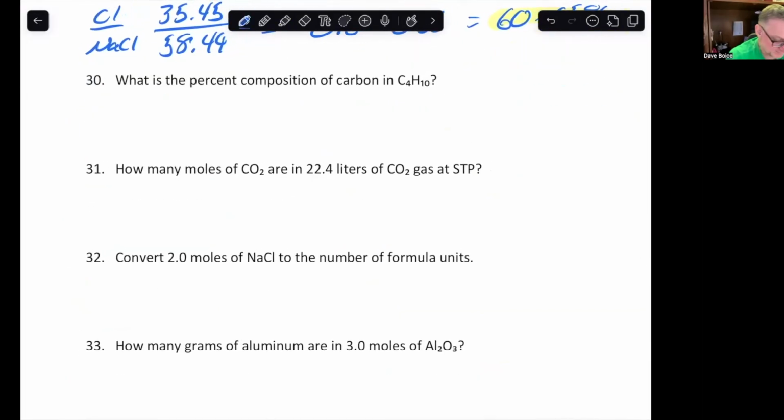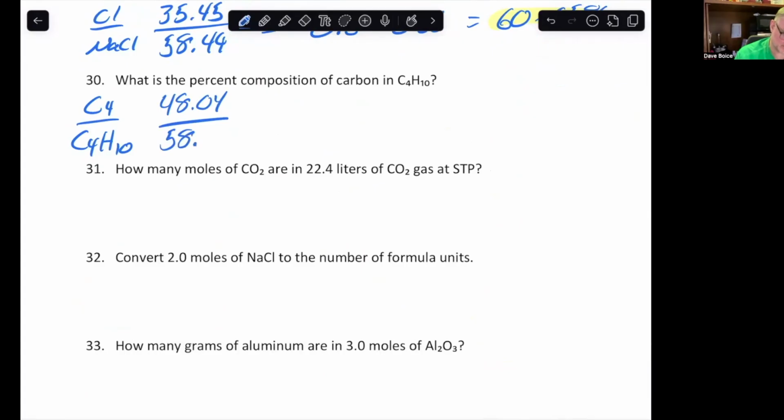Last one. Percent composition of carbon in C4H10. So I got C4 divided by C4H10. And that's going to be 4 carbons, which is 48.04, divided by 58.12.